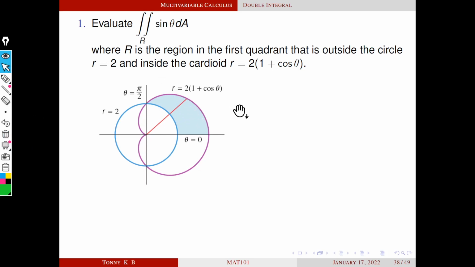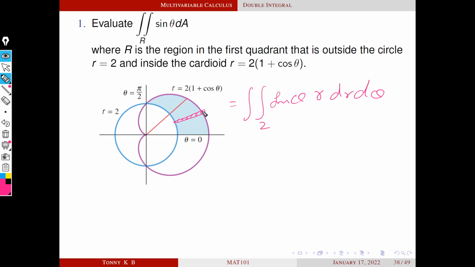Next you have to set up this integral, set up the limits. This integral is equal to double integral sin theta, and instead of dA, it is r dr d theta. So what is the change of r in terms of theta? Consider a strip like this. What is the lower value of r? That is from the circle, r equal to 2.